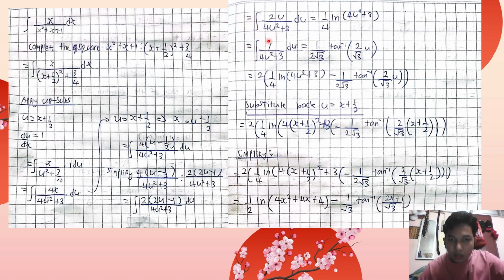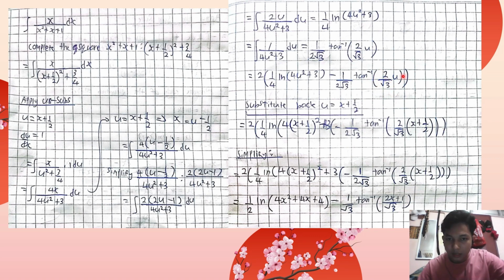Then the integral of 1 over 4u squared plus 3 du is equal to 1 over 2 square root 3 arctangent of 2 over square root 3 u. Then we can get 2 bracket of 1 over 4 ln(4u squared plus 3) minus 1 over 2 square root 3 arctan of 2 over square root 3 u.